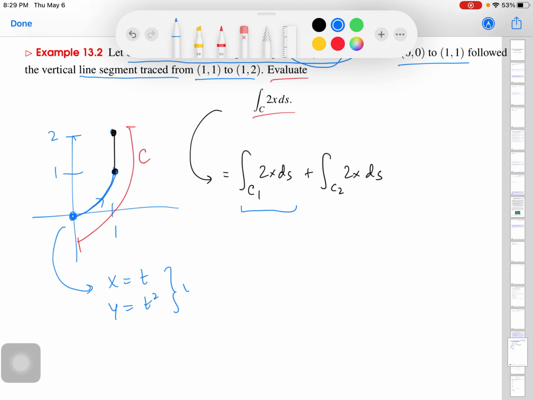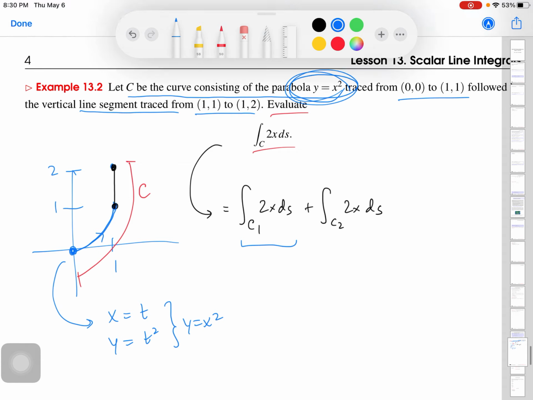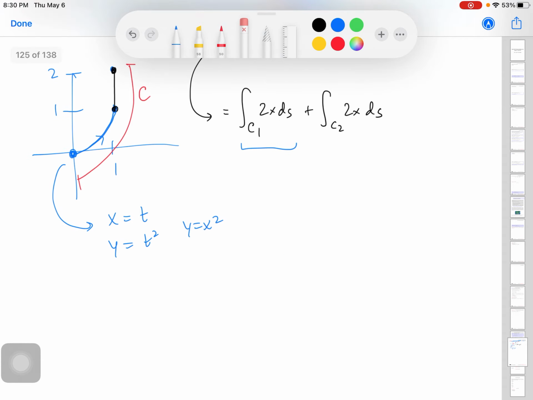Notice, by the way, that this indeed gives us y equals x squared, which is the original parabola we were working with. Great, so we're going to parameterize it this way. And then x here goes from 0 to 1, so because x equals t, that is my bounds for t. t goes from 0 to 1.